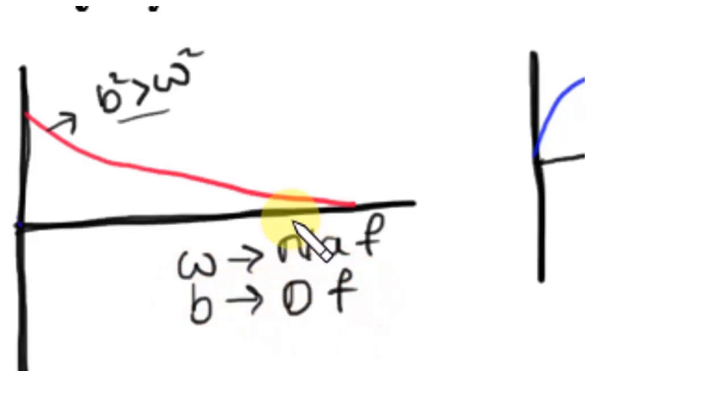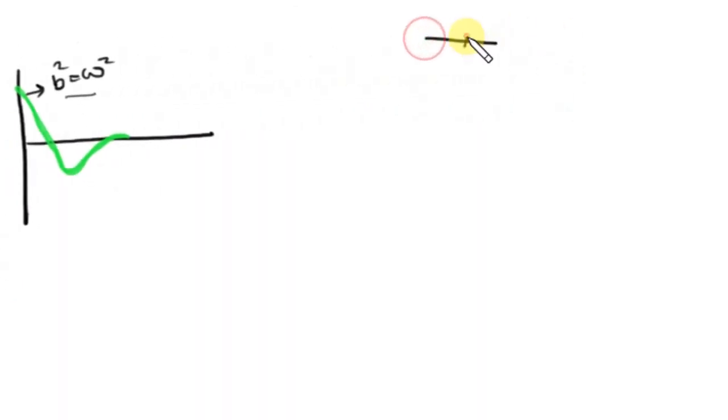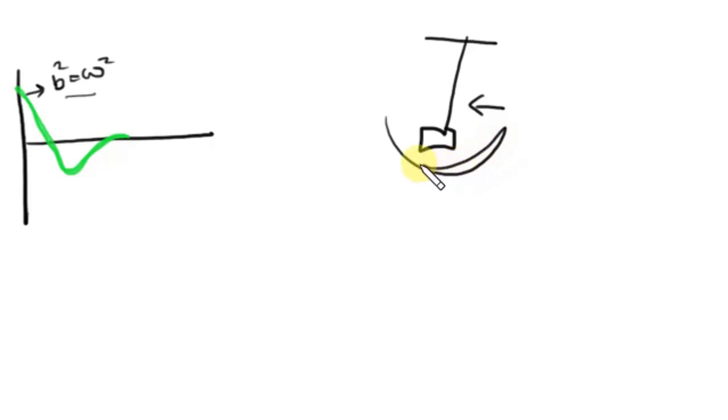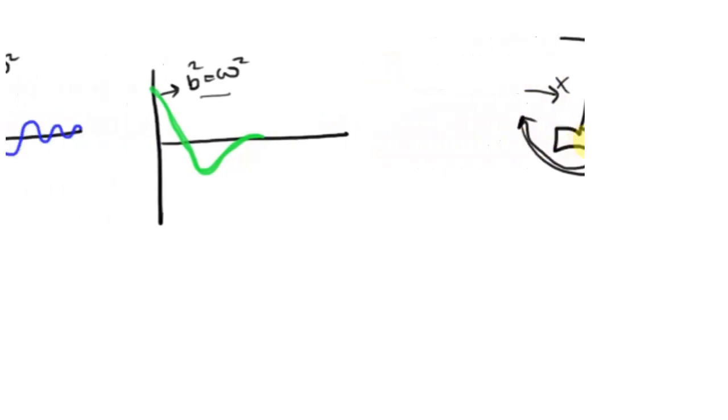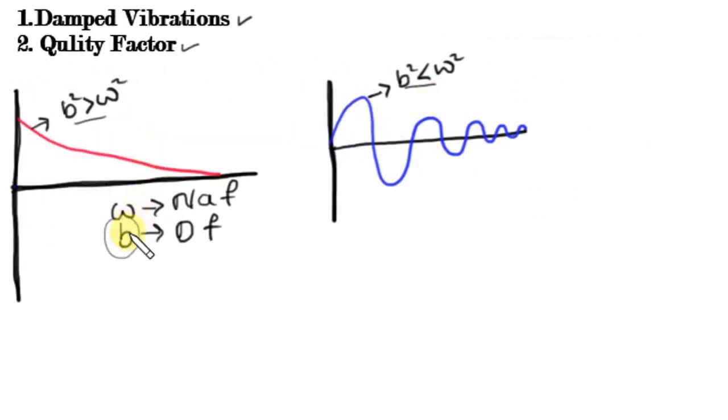Omega is the frequency which makes the object oscillate. But b is the frequency, or the force, which opposes the oscillation. That's why we call it damping frequency.